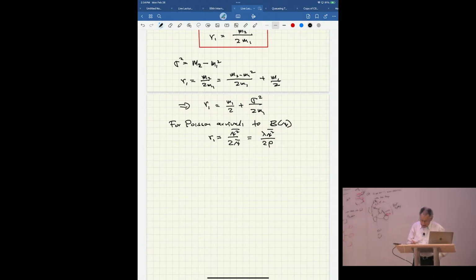So that means that this thing, which I'm going to define now as W0, we're going to see this later, I'm going to define this to be the residual life of customer in service, if someone is in service.